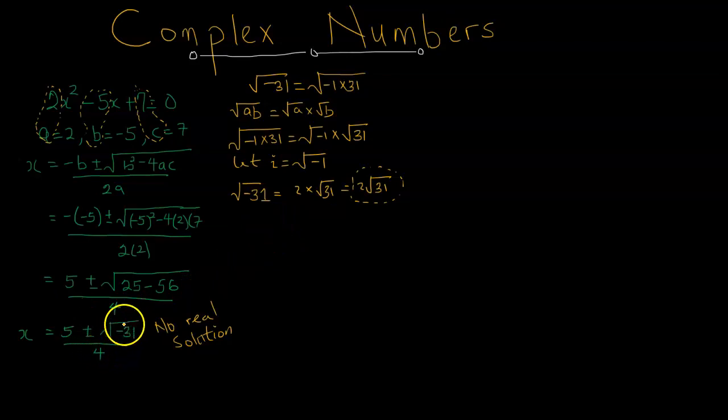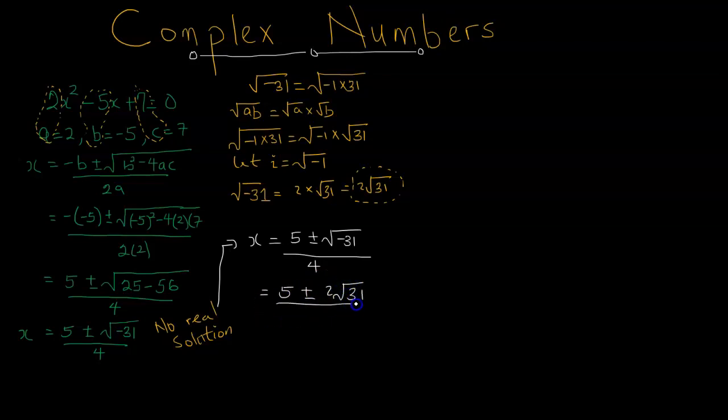So unlike in the previous problem where I got stuck here, this is going to allow me to proceed. x equals 5 plus or minus the square root of negative 31 over 4, which is just going to be equal to 5 plus or minus i root 31 over 4.